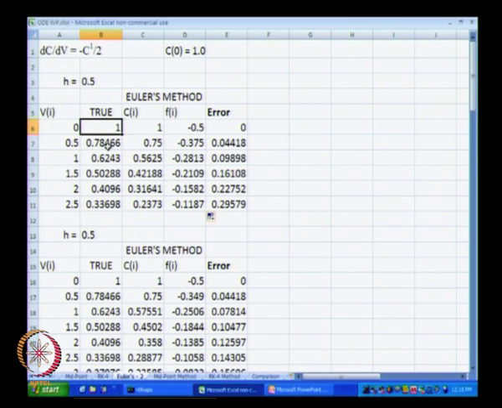True values are going to be, for the first order reaction, basically e to the power minus t by 2.